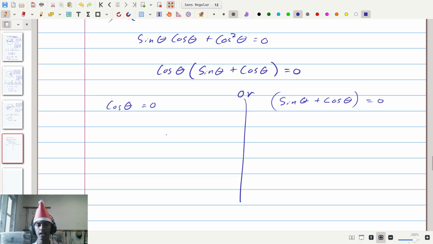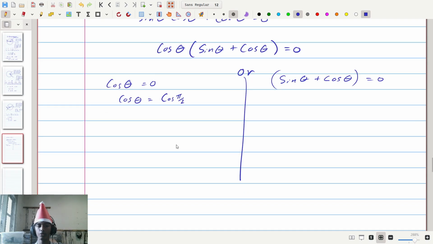In the first case, we have cosine theta is equal to 0, and 0 in this case we can rewrite in terms of another cosine. Cosine of pi by 2 is 0. So we can write cosine of pi by 2 instead over here. So now we have that cos A equals cos B, and recall, if we have cos A equals cos B, we can easily solve for theta here.